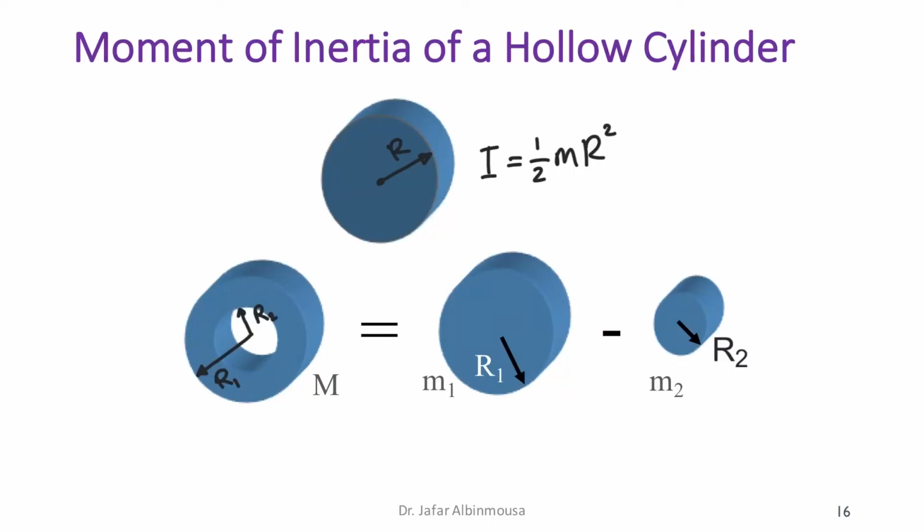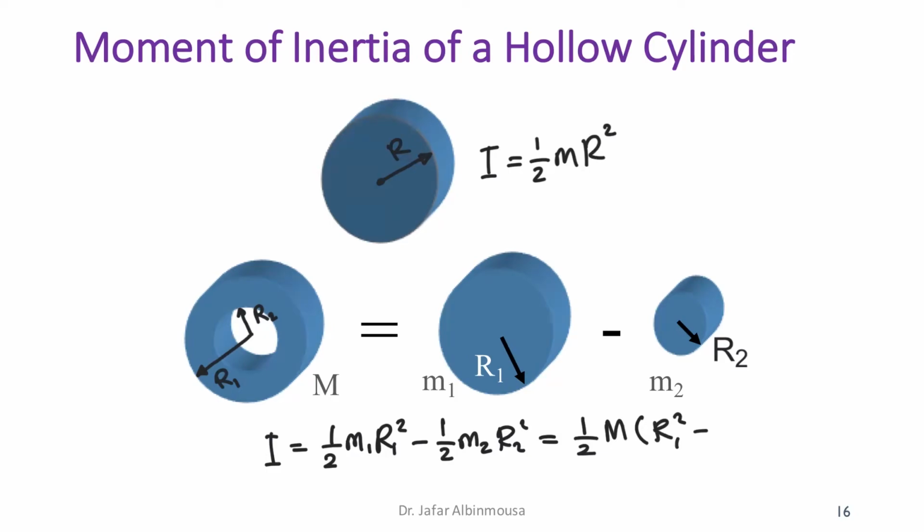So the moment of inertia will come out to be I is equal to 1 over 2 m1 r1 square minus 1 over 2 m2 r2 square, which is basically equal to 1 over 2 capital M (r1 square minus r2 square).